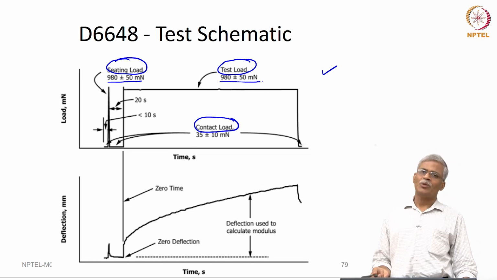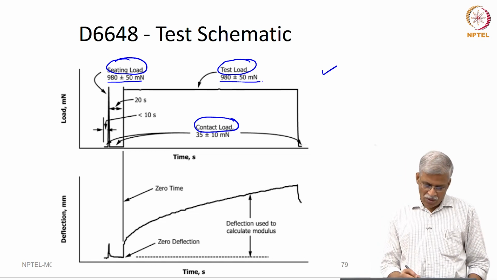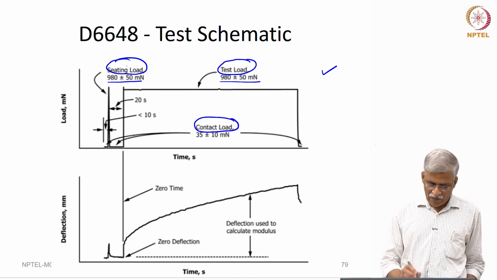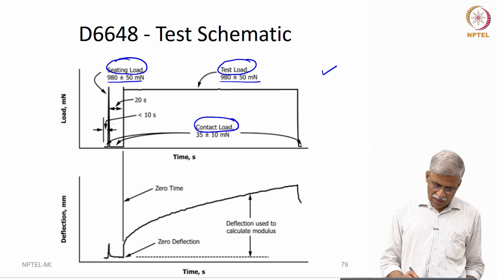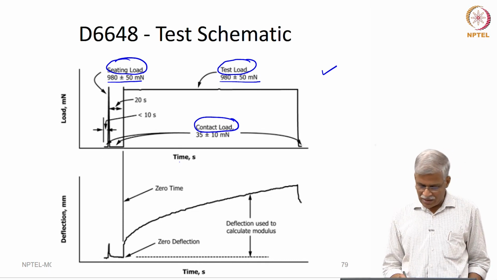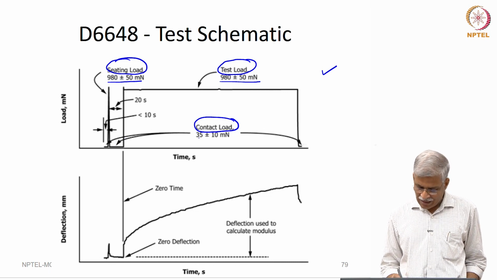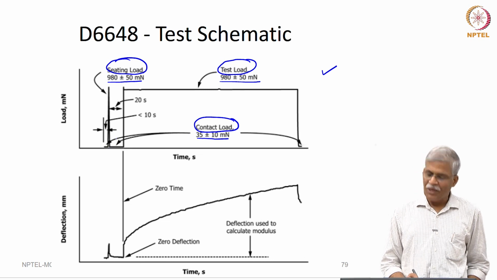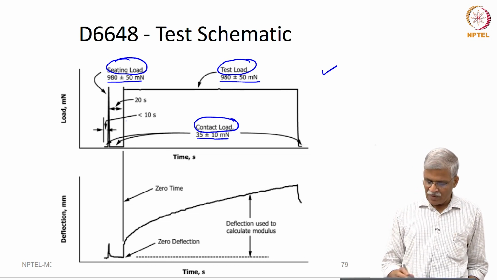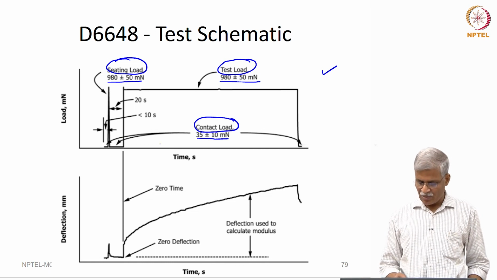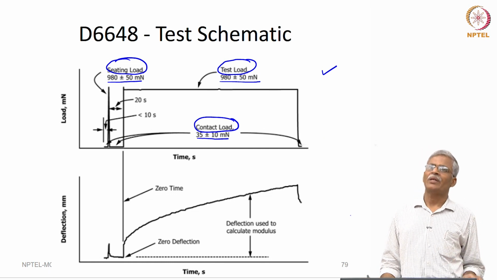As per the procedure, we load the sample in 3-point bending, apply a seating load, then immediately release the seating load so that the remaining load, the contact load, is there, and wait for 20 seconds, and then we apply the test load. This duration is based on whatever specification you want.